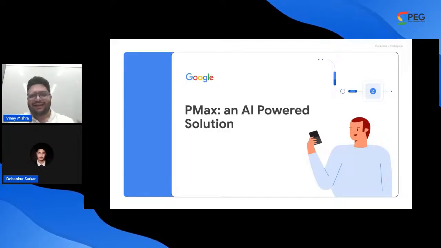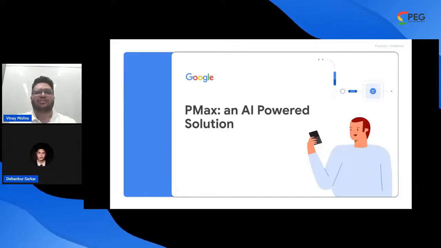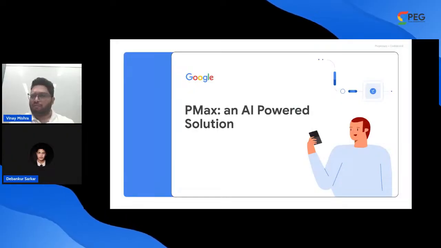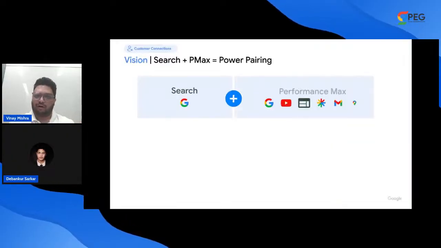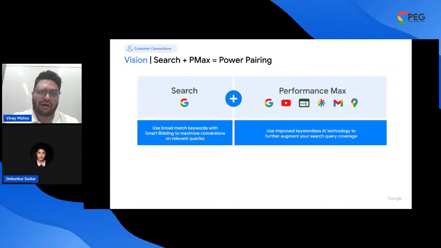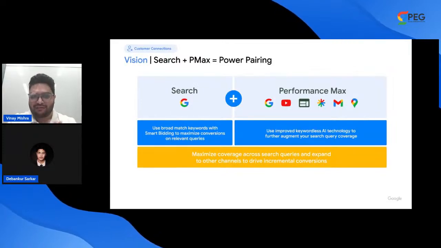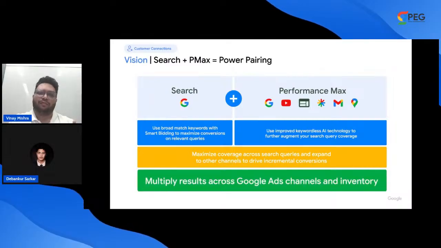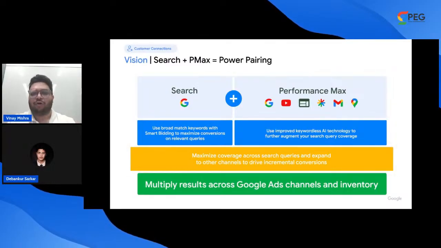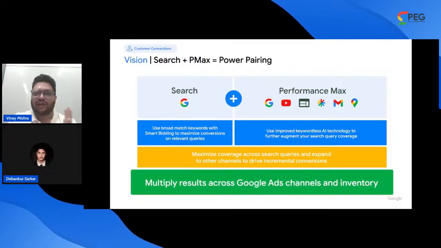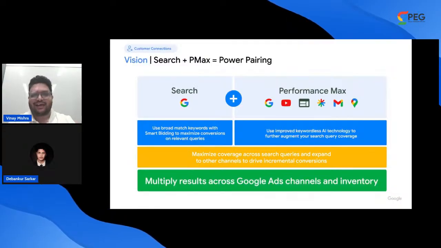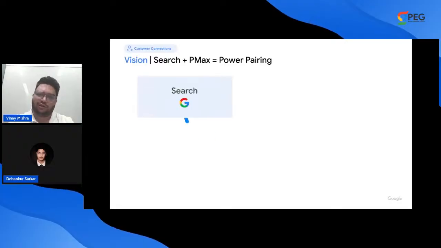Now let's step into the details of Performance Max, how it is an AI-powered solution, and how it helps you optimize your campaign and showcase your product well. As I've mentioned, let's dive deeper into the power pair and explore how search and Performance Max complement each other. Search campaigns, as you know, typically focus on text-based ads and appear on the Google search results page.